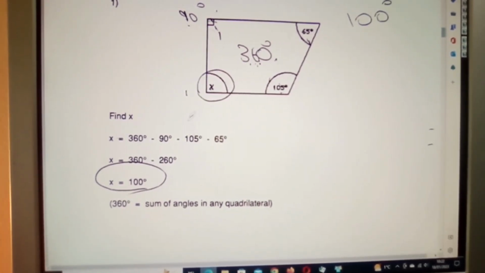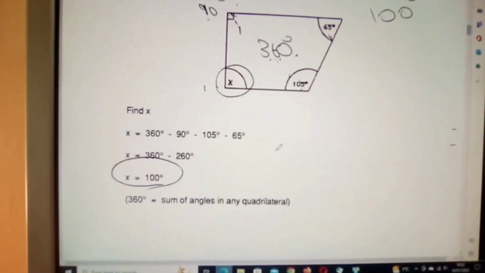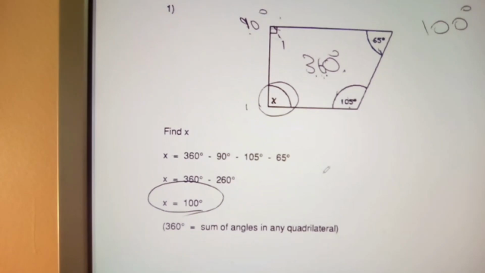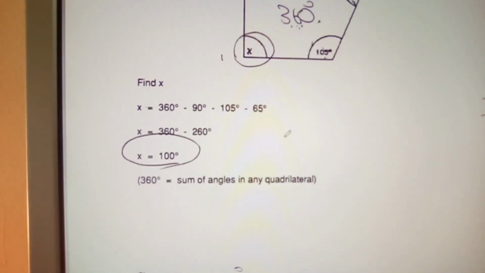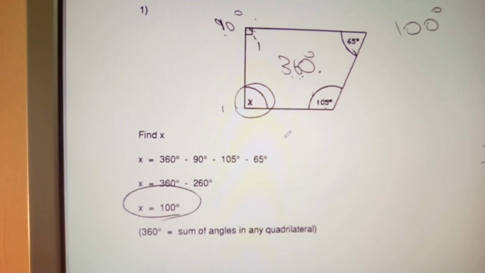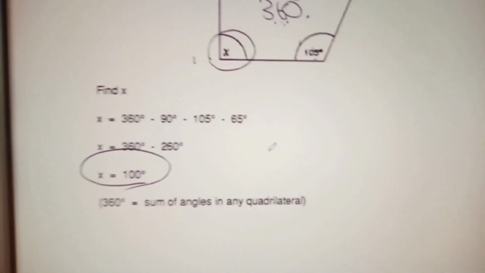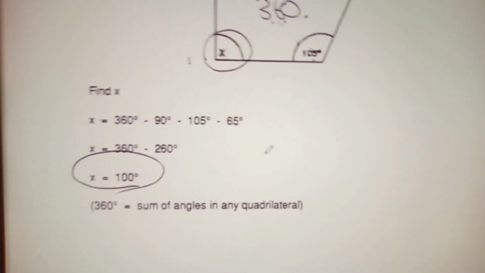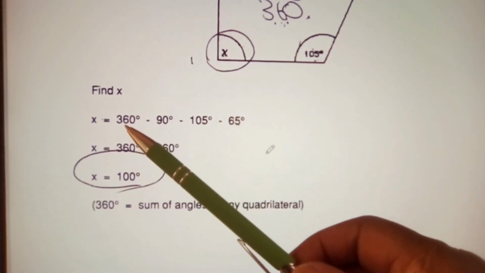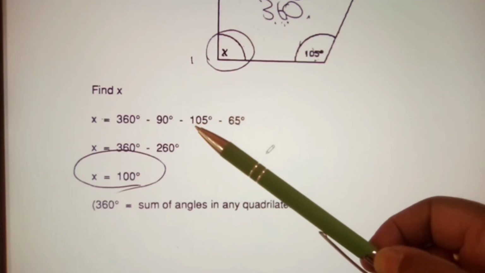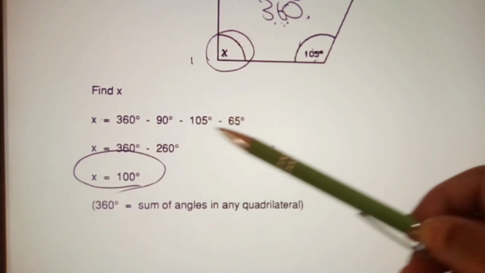So in this process now we can subtract 90 from 360, 105 from 360, 65 from 360.